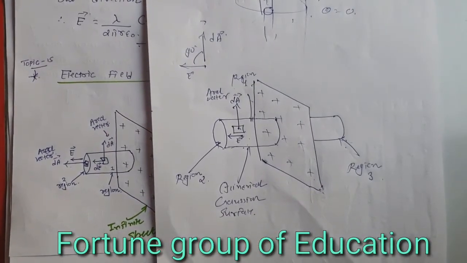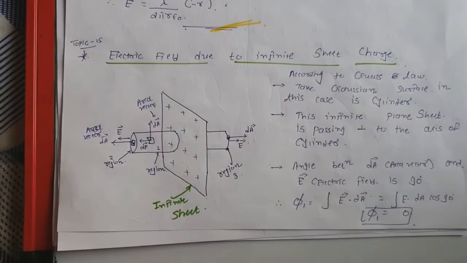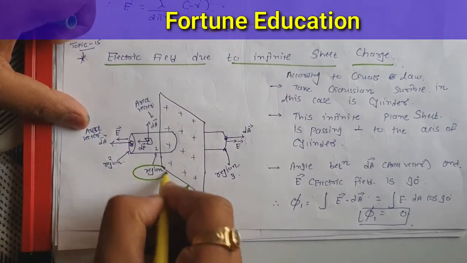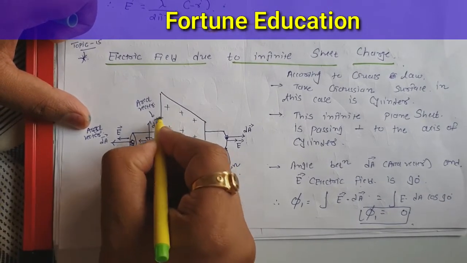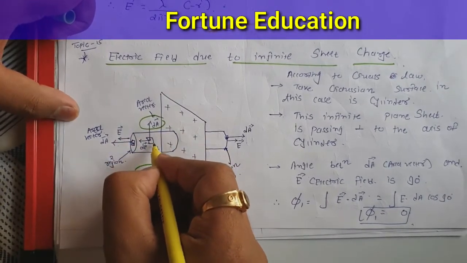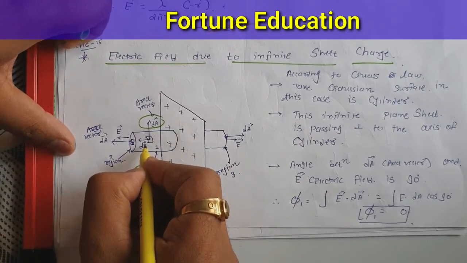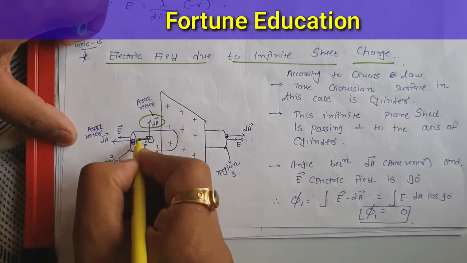Okay, so this is our figure. This is region 1. The area vector is always perpendicular and outward to the surface, and the electric field is also outward to the surface.